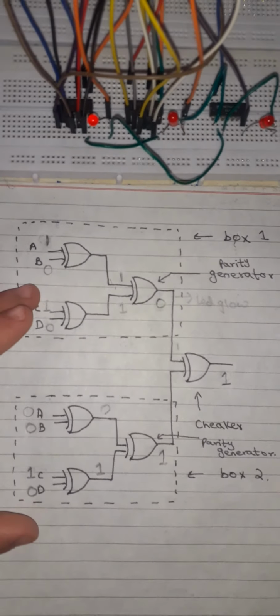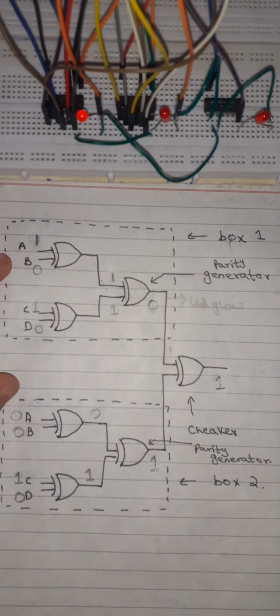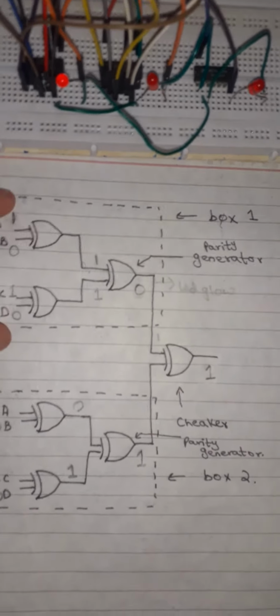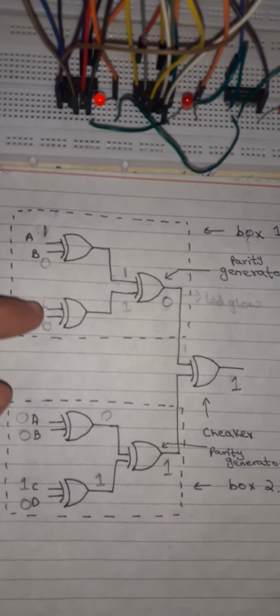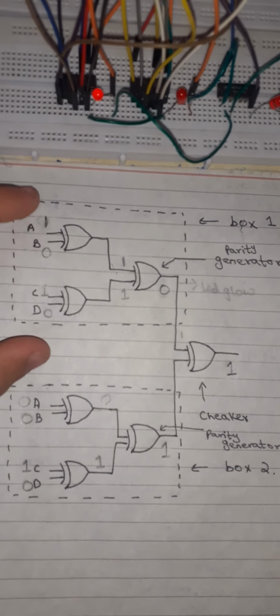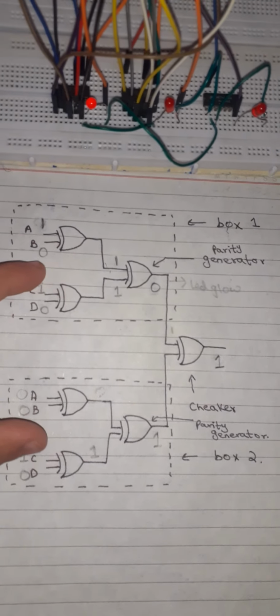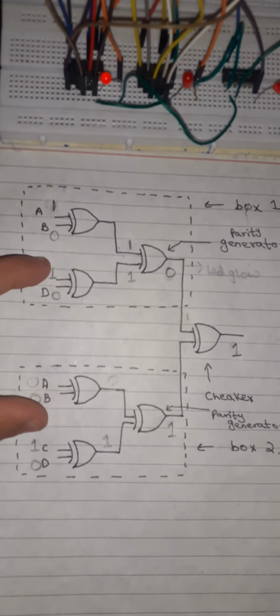Now in order to test my checker, I will give a 4-bit input in box 1, 1010, and in the second box a 4-bit input which is different from the first.